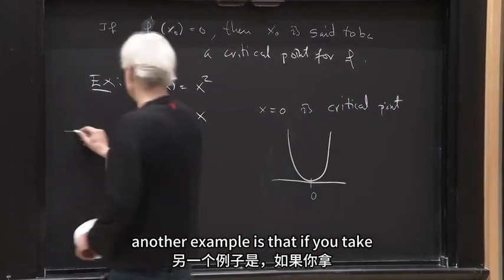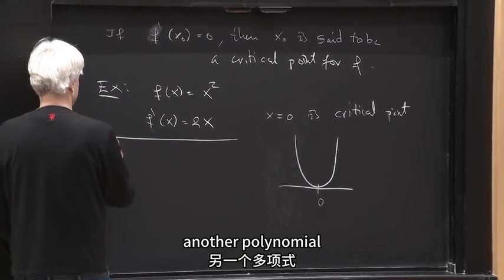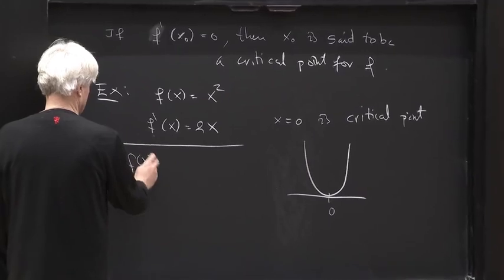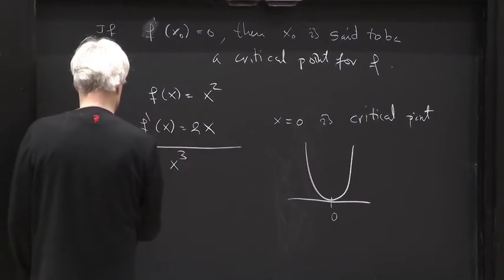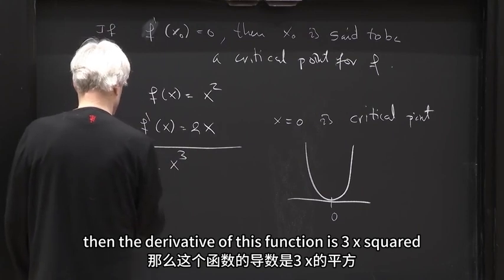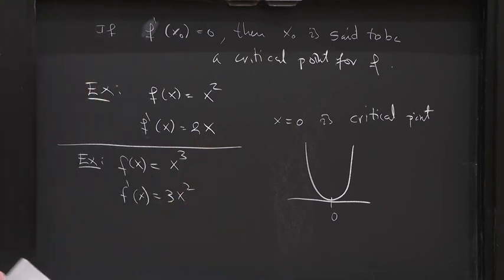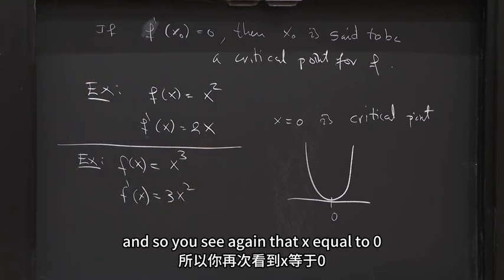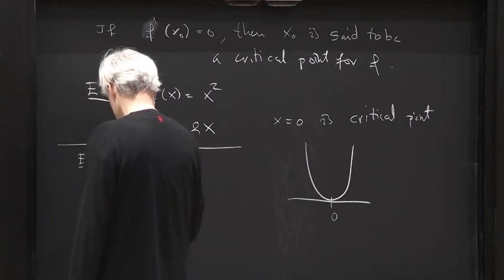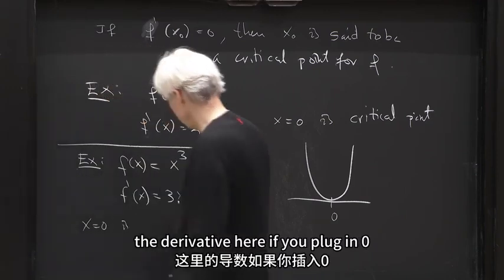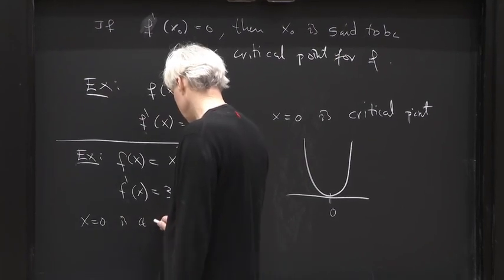Another example is that if you take another polynomial where instead of x to the power 2, it's x to the power 3, then the derivative of this function is 3x squared. And so you see again that x equal to 0 is a critical point. The derivative here, if you plug in 0, gets 0. So this here is a critical point.